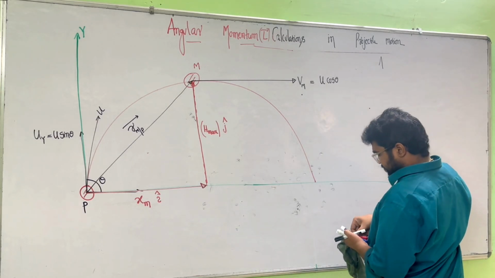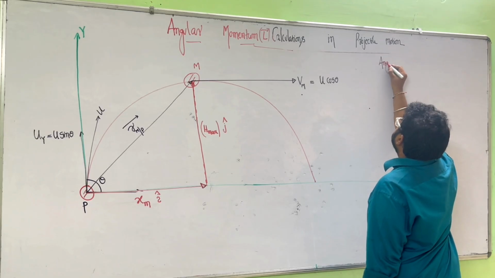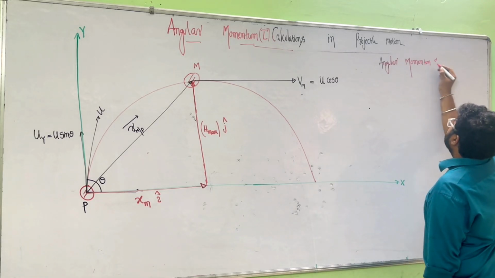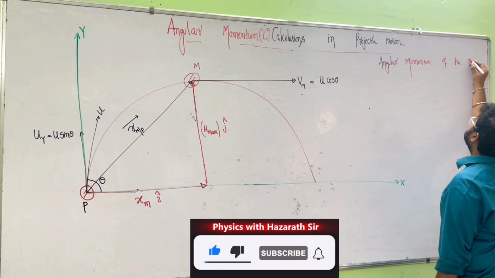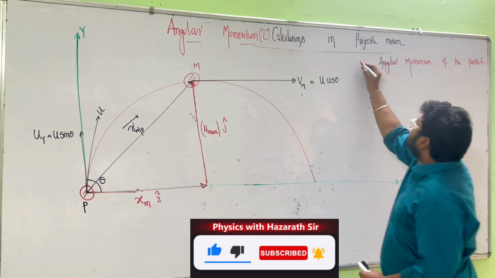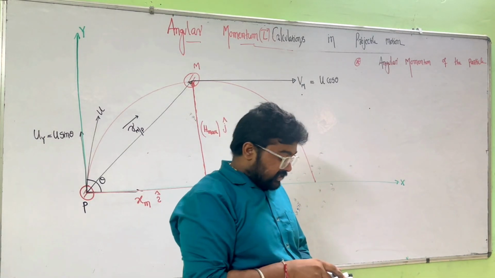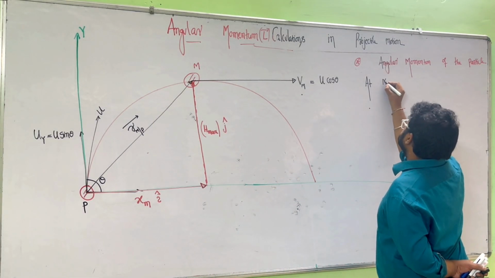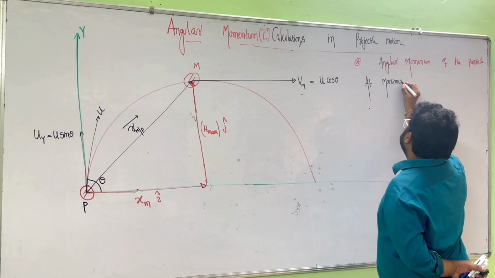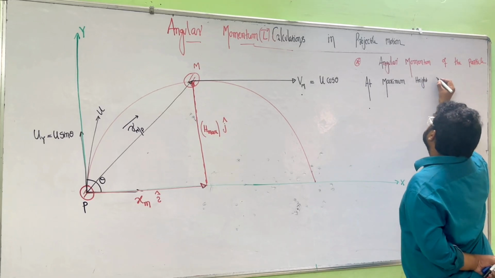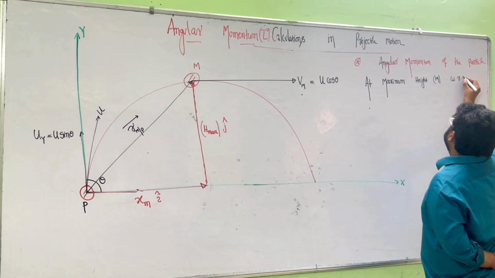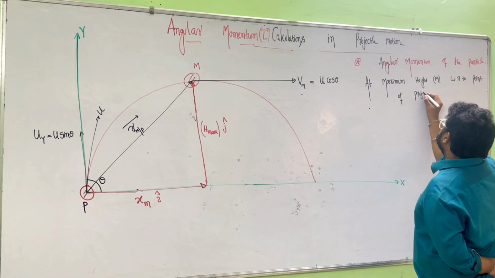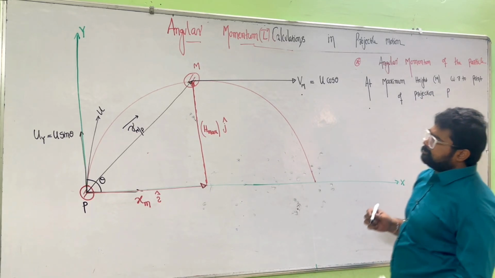Write down: angular momentum of the particle at maximum height with respect to the point of projection P. L bar.